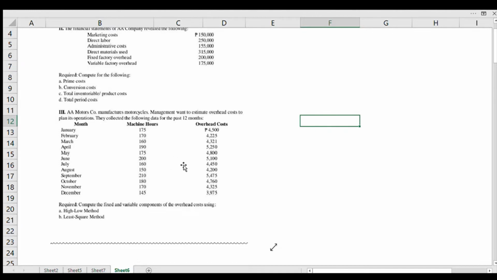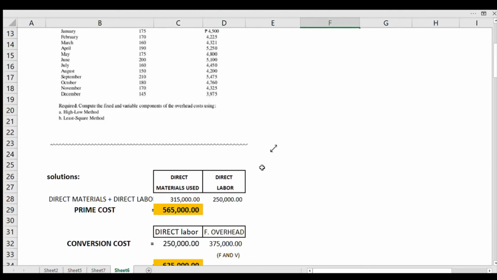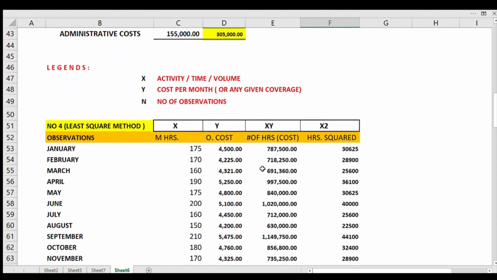So, i-compute natin siya. So, sa una natin gagawin at requirement A, high-low method ang ating gagamitin. So, at this point then, we will be introducing to you what is high-low method of segregating fixed and variable components of overhead cost. Okay? So, ito na. So, introduce natin.